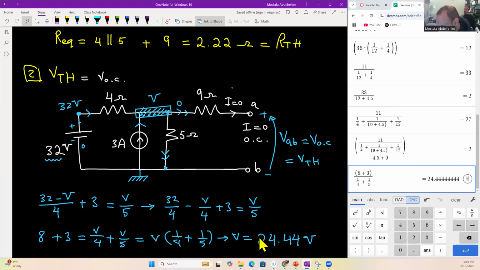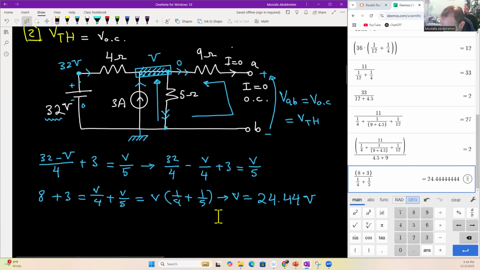To find V Thevenin, you have to apply Kirchhoff voltage law in that loop. Remember, V is the voltage across the 5 ohm resistor. So let's apply Kirchhoff in that loop. VAB, or V open circuit, or V Thevenin, is going up just like the loop. So KVL at loop 1 will give us V Thevenin.